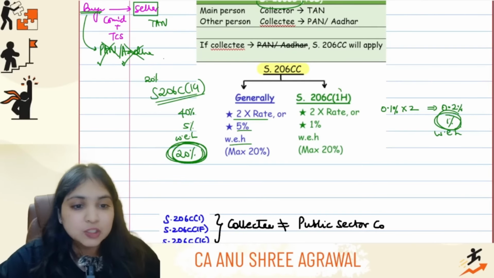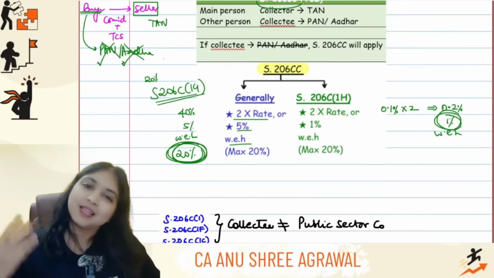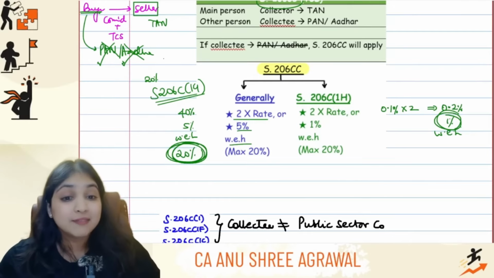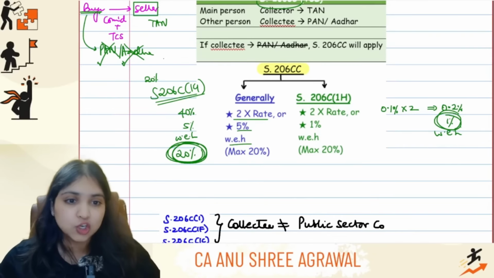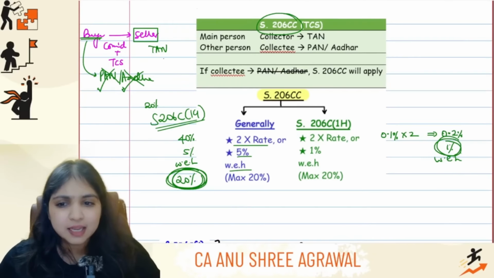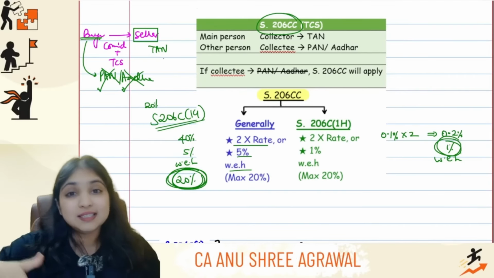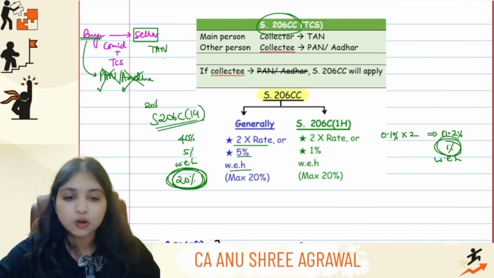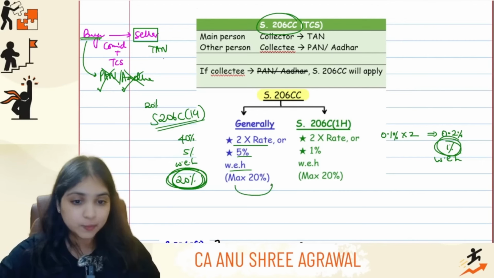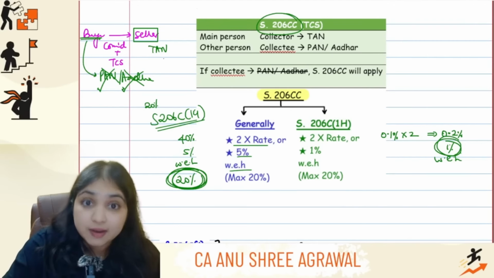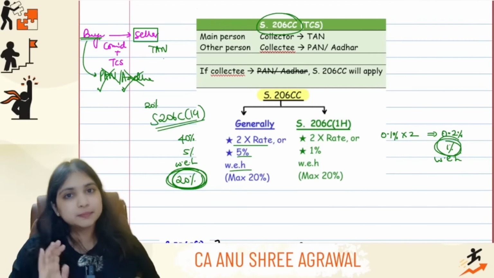So in simple words, in 206C1H, instead of 5%, it will be 1%. That's all, guys. Okay, but when will you apply this? You will apply this section only if the buyer is neither giving PAN nor giving Aadhaar. None of the two numbers he is giving. Only then 206CC you will apply. In 206CC, TCS rate will increase 2 times the rate or 5%, whichever is higher, but maximum 20%. But if it is 206C1H, instead of 5%, 1%.